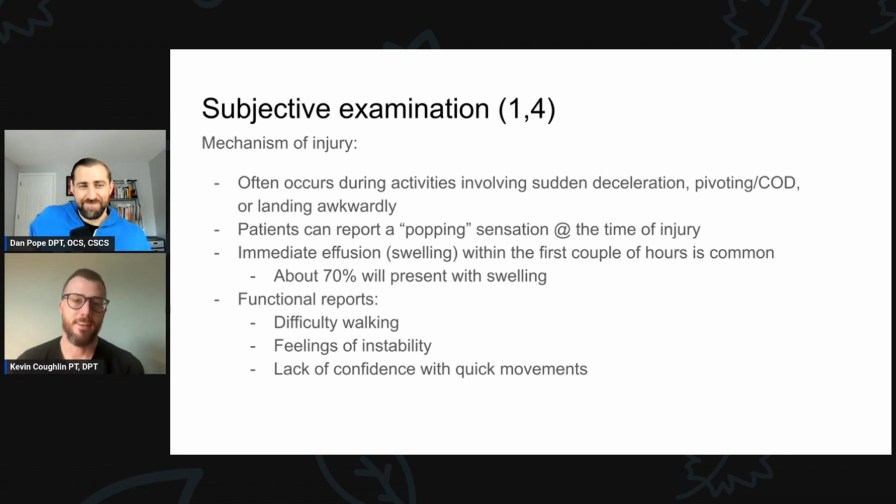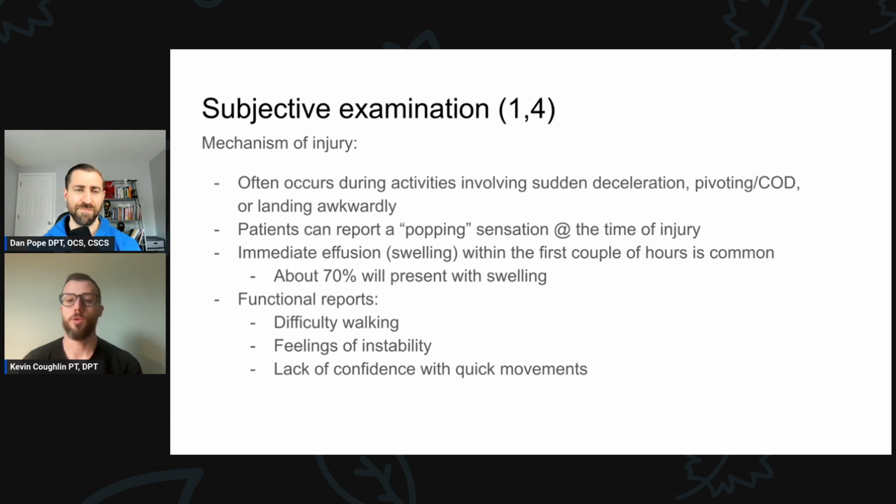All right. So for the subjective examination, Dan had talked a lot in our previous episode on the background of ACL tears, about mechanism of injury. But just to reiterate that and what some of the studies I was looking at were talking about, the ACL tear often occurs during activities involving sudden deceleration, pivoting, changing direction, or landing awkwardly.